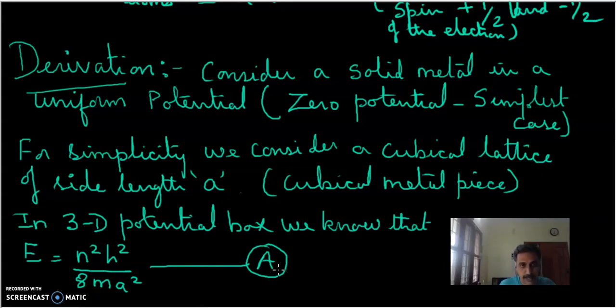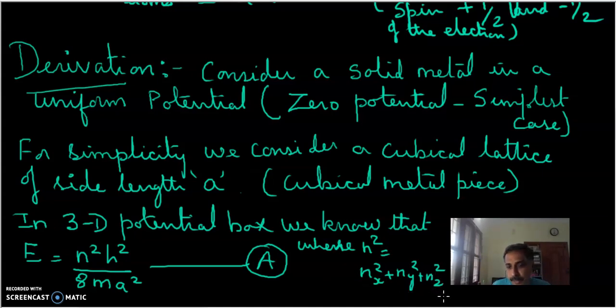We consider this equation, where n square is equal to nx square plus ny square plus nz square, right? So what is nx, ny, nz? It is the quantum numbers along the x, y and z axis respectively. We are going to draw this diagram also.